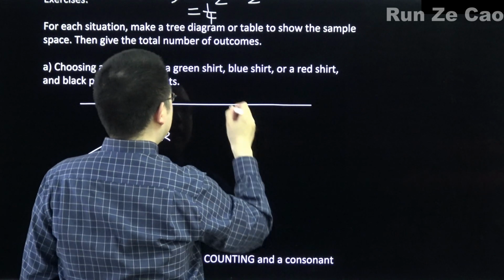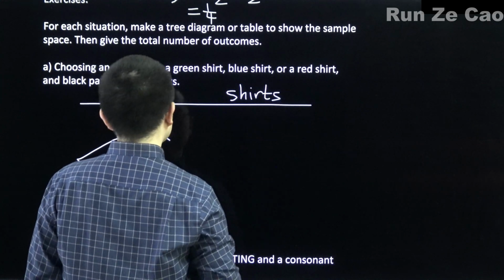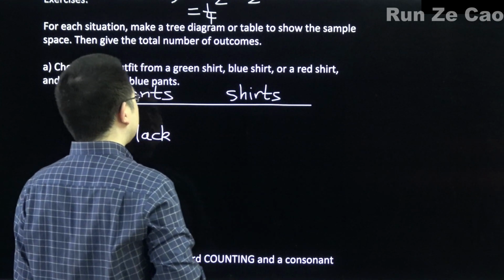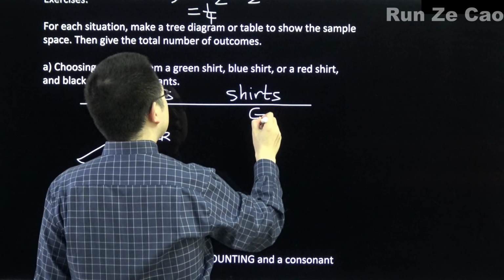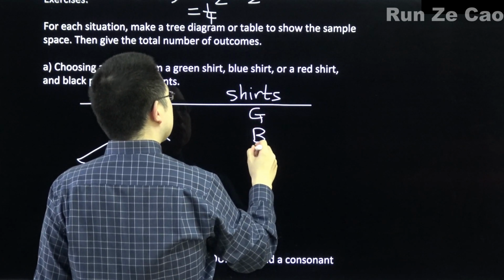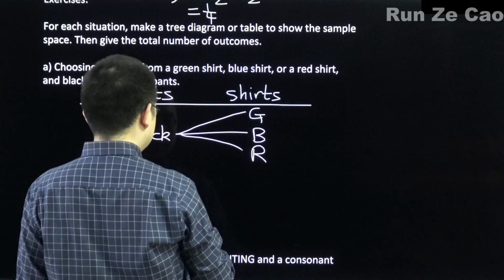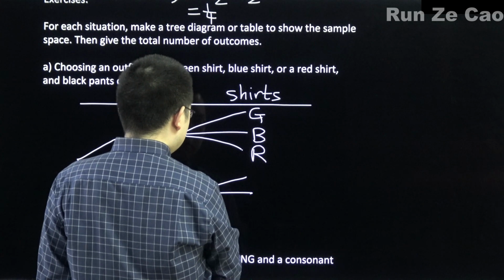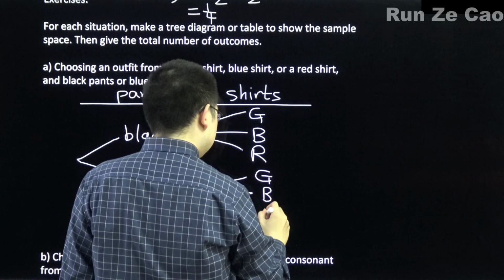Pants and shirts. Or rather, shirt, because you're only wearing one, I think. Green, blue, and red from black pants. And from blue pants, you also have green, blue, and red.